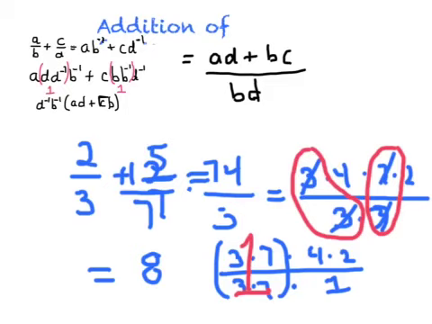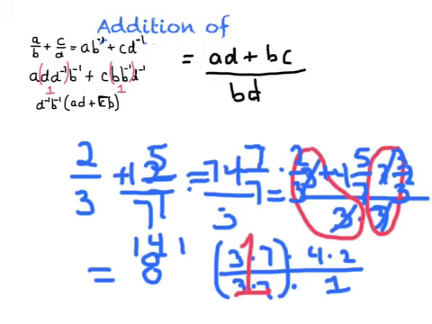We can think about this as multiplying by 7 over 7 times 2/3 plus, and on this side we're going to multiply 5 over 7 by 3 over 3, and we know how to multiply fractions. We just multiply numerator and denominator, and you see that we're going to get a common denominator of 21. So on the numerator we're going to have 14 plus 15, and that will be divided by 21.